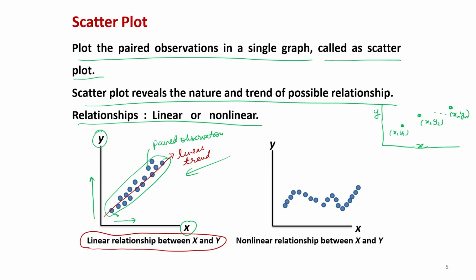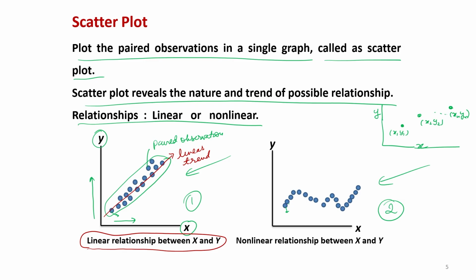Now, similarly, look at this figure, let me call it figure number 1 and figure number 2. In figure number 1 you have seen the linear trend. Now, in figure number 2, the observations are plotted in blue color and they are plotted on x and y axes.